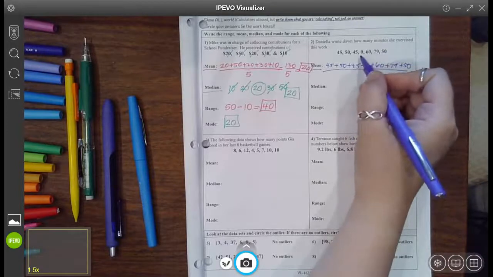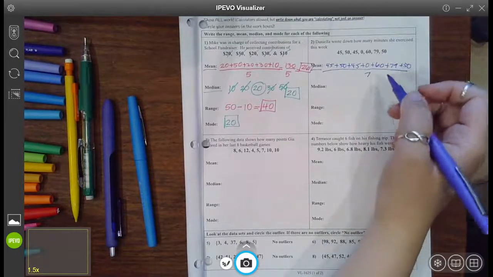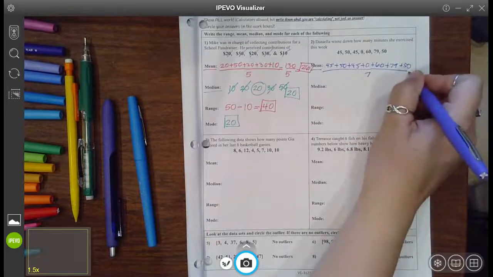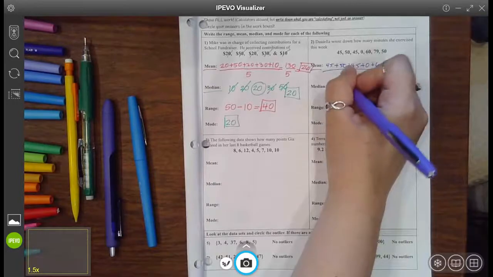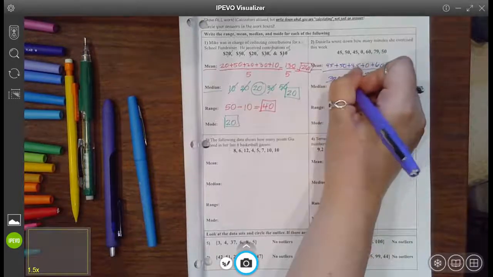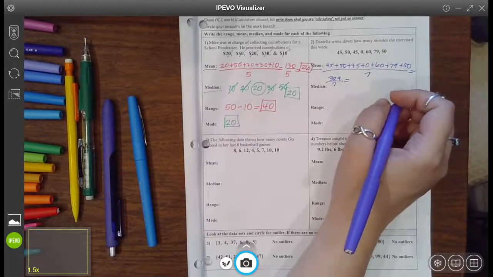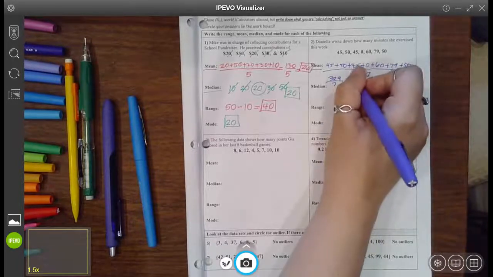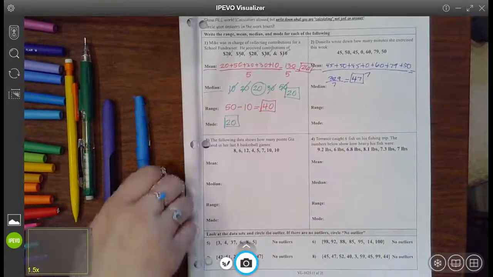Yes, I realize that when you add 0, it's not really changing anything, but it's still part of the data set, so you include it. Okay, add all those numbers together, and you get 329 divided by 7. Remember, be pausing that video before I say the answers to see if you got it right. Okay, and you should get 47.